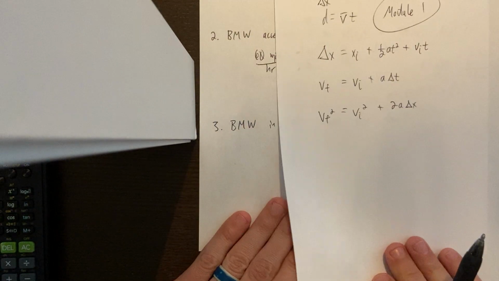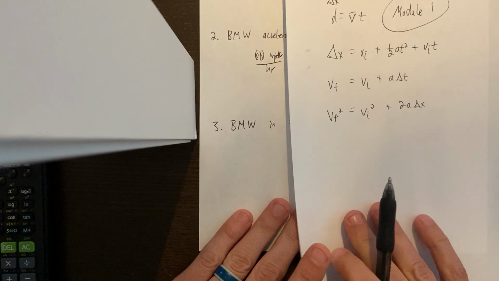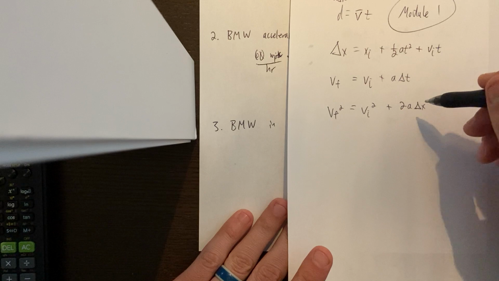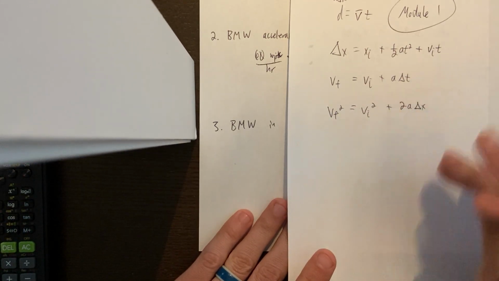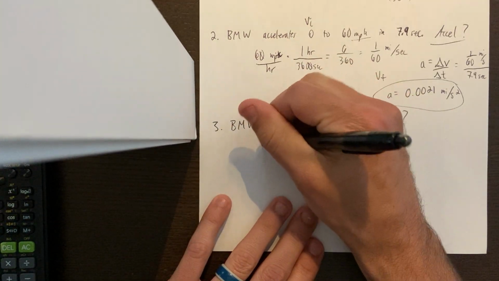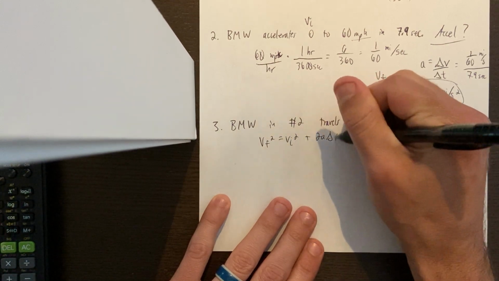And so we're actually kind of opened up completely here, but what we're able to do, as long as we convert our units, we're able to use either one. So I'm going to use this one. So I've got Vf squared equals Vi squared plus 2a delta x.